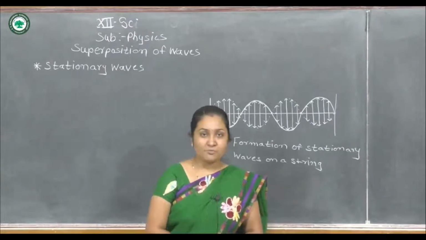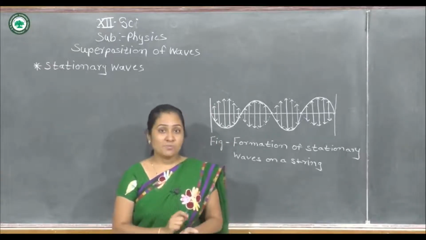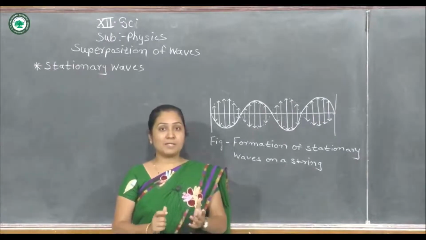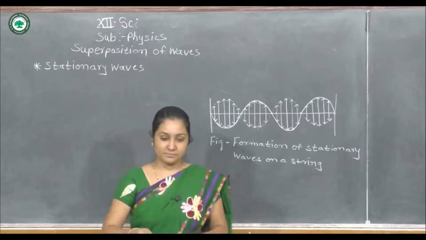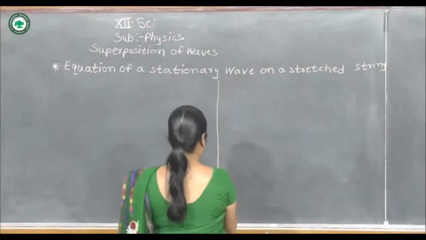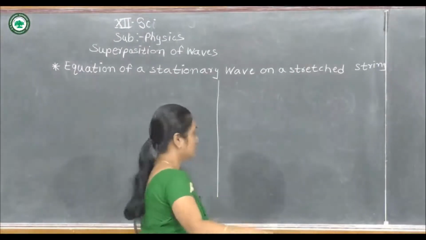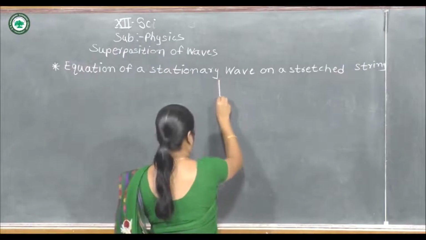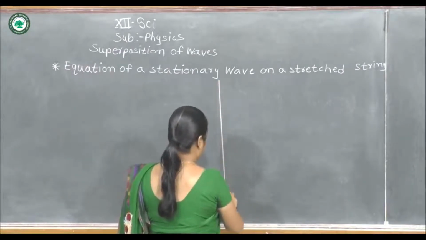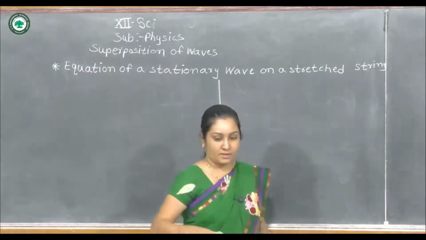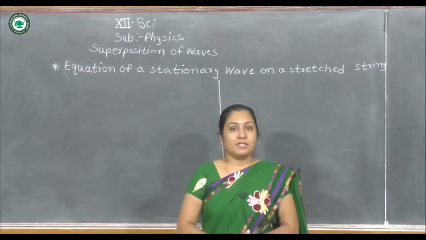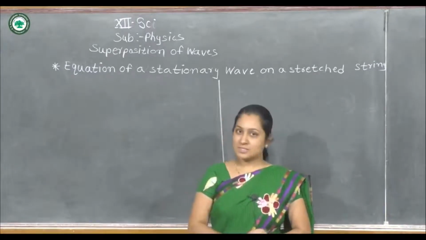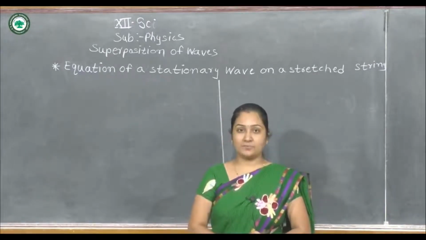So now we will study the equation of stationary waves. How stationary waves are represented by an equation. So the next point is equation of a stationary wave on a stretched string.